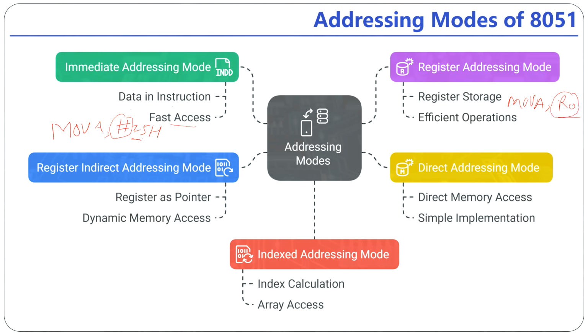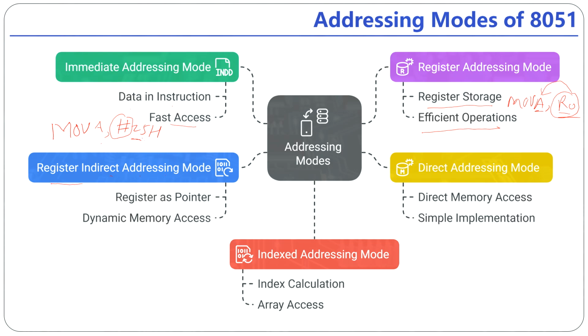Remember the thing about this instruction: the content of register R0 is copied and transferred into the accumulator, which is nothing but the accumulator register, right? This is basically register storage, efficient operations. Okay. Now we come to the next.